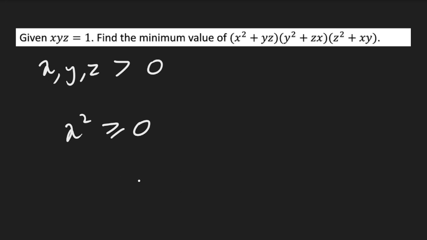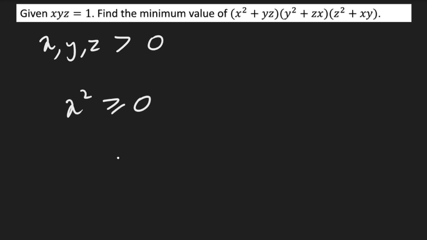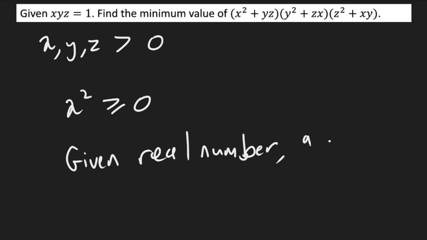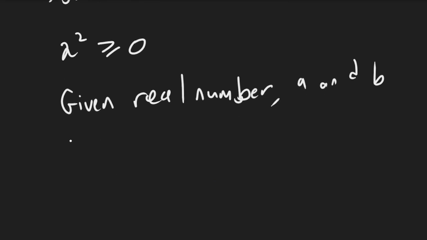It is called the AM-GM inequality, or arithmetic mean geometric mean inequality, where given two positive real numbers A and B, we have (A plus B) over 2 is greater than or equal to the square root of AB.